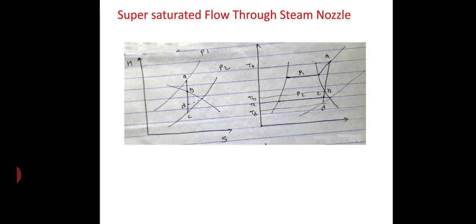As the steam is expanded from A to B, the steam is cooled. When the steam expands from B to C, the temperature of steam drops from TB to TC. See the temperature diagram.